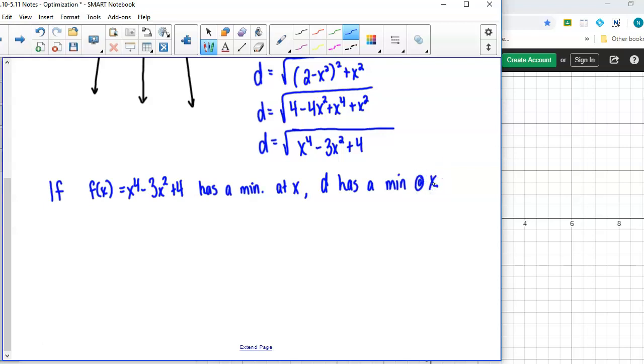Now you could not necessarily do this with everything, but with the square root, or if you had something squared or to the third or fourth or something, that third might not work with the negatives, but this will work.